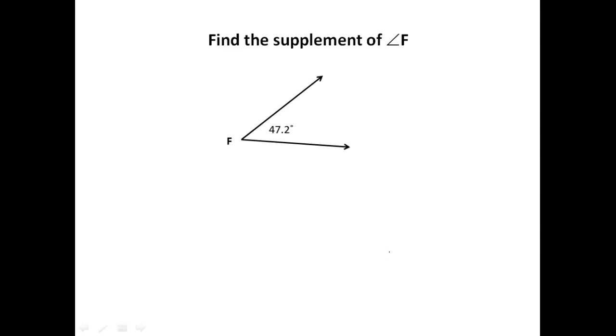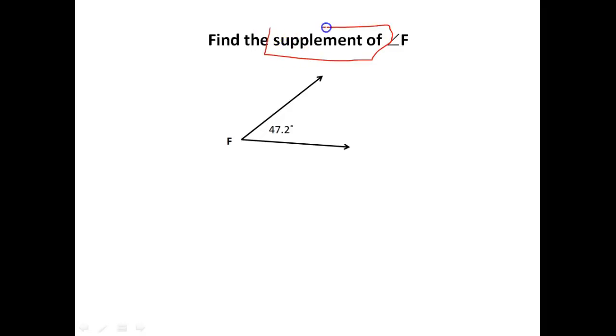All right, so now let's find the supplement of angle F. I want you to pause the video and find the supplement of angle F. All right, supplement, that means they add up to equal 180.